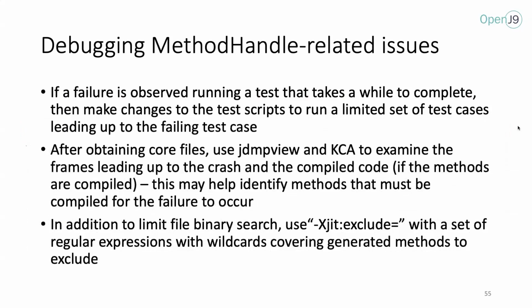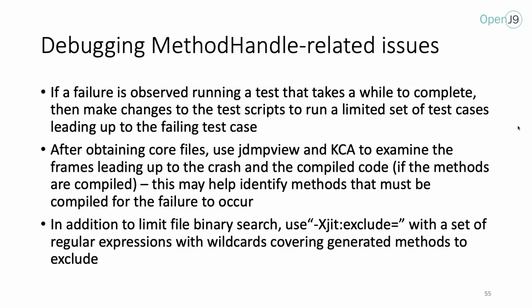I can spend all day talking about the different ways we can debug this, and it's really hard to explain through a single example, which is why I'll just highlight the top three ways that I found most helpful in diagnosing MethodHandle related issues.